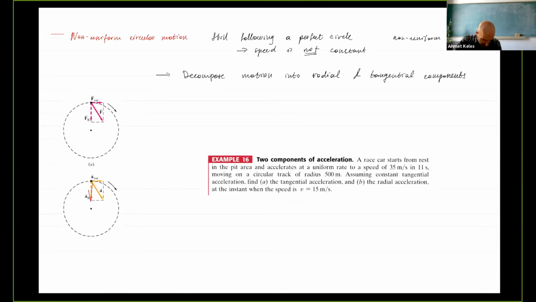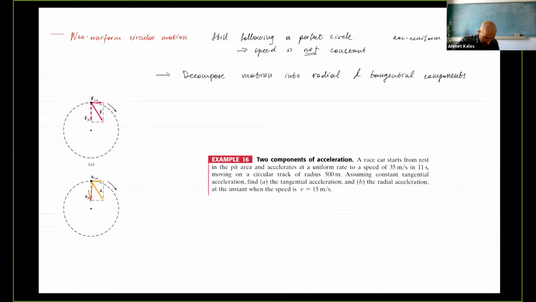What this means is you are still following this perfect circle like this, but you now have a non-constant speed. So this v here is different from this v, maybe it's increasing like this, okay? You're speeding up on a circle.